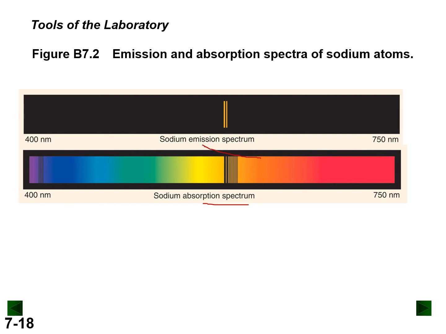The emission spectrum is a series of line spectra against a dark background, while the absorption spectrum is a series of dark spectral lines among the colors of the rainbow. So these are the differences between the emission spectrum and absorption spectrum.